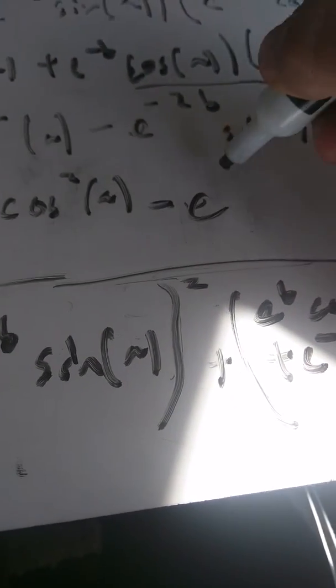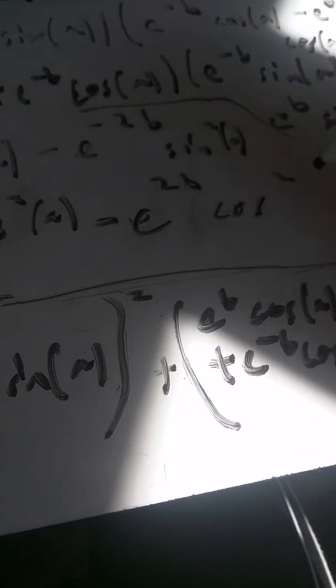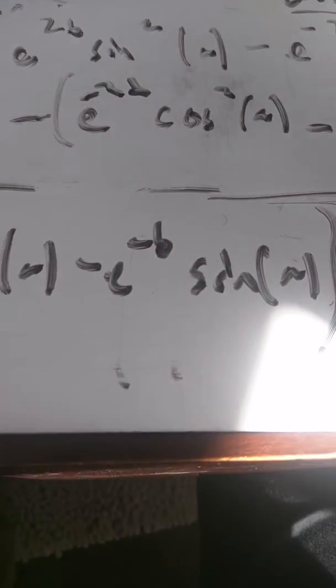And then we have minus e to the 2b cosine squared of A. Yeah, and now we're pretty much done. You can write this as a difference of two big chunks.